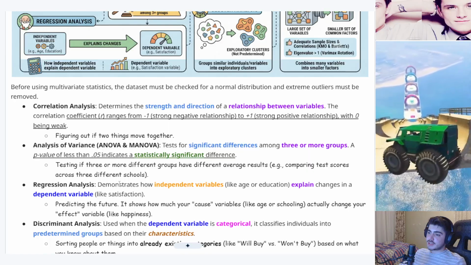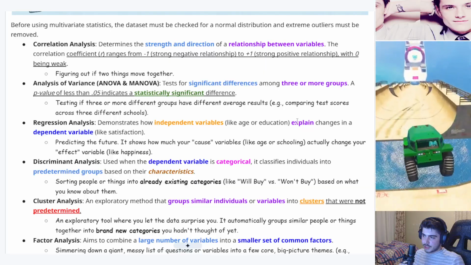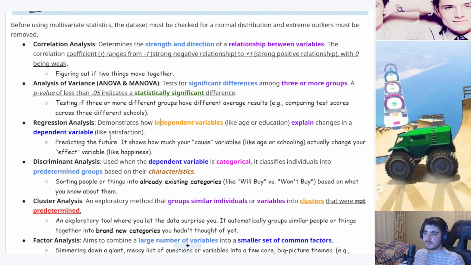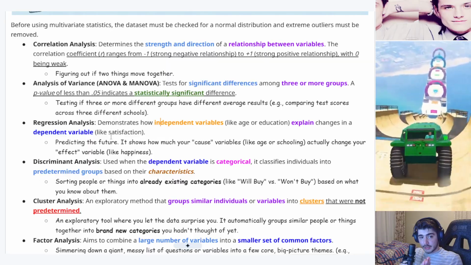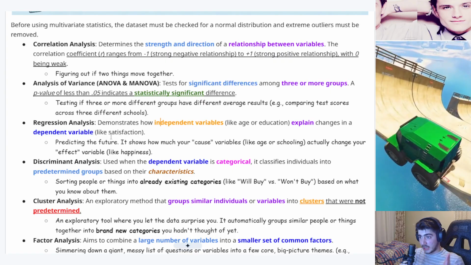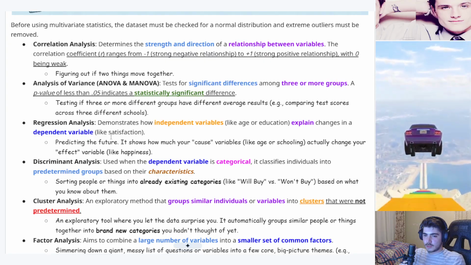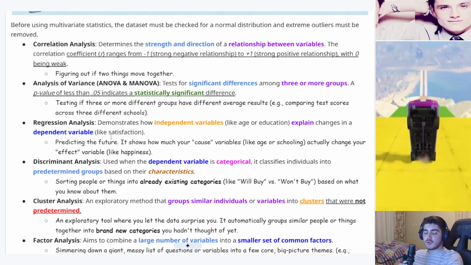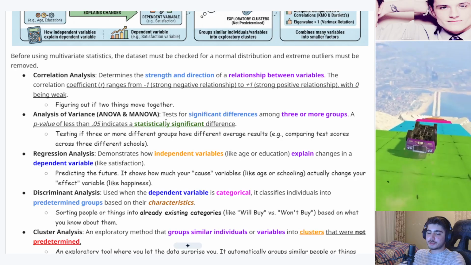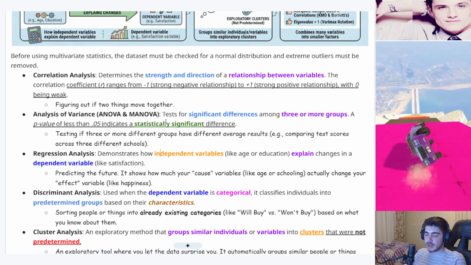Regression analysis demonstrates how independent variables like age or education explain changes in a dependent variable. You are trying to predict the future. It shows how much your cause variables, like age or schooling, actually change your effect variable, like happiness, or what we described, like treating your partner badly and your chances of breaking up.